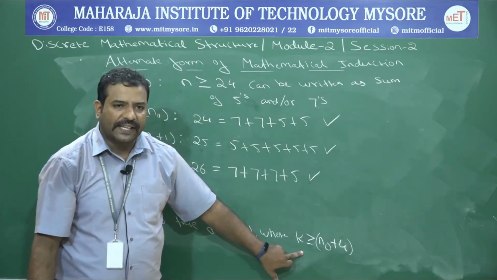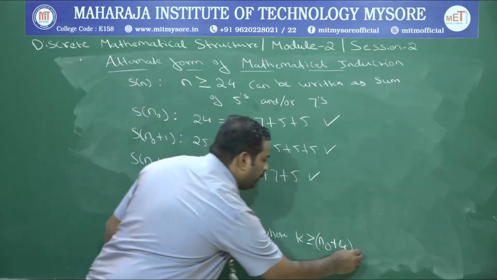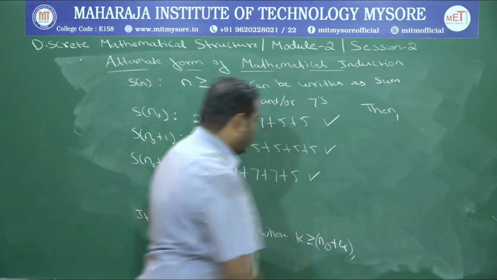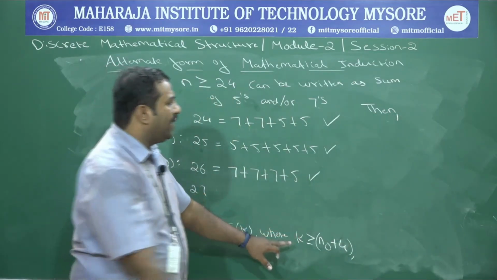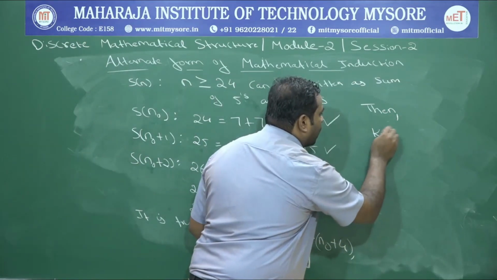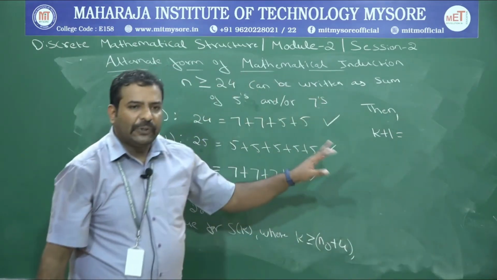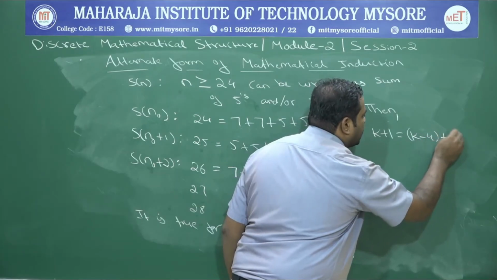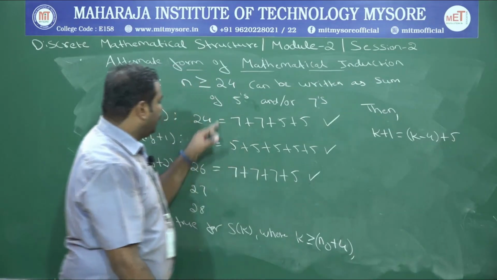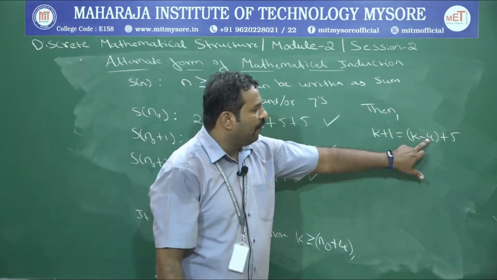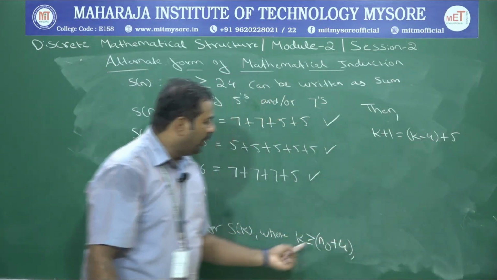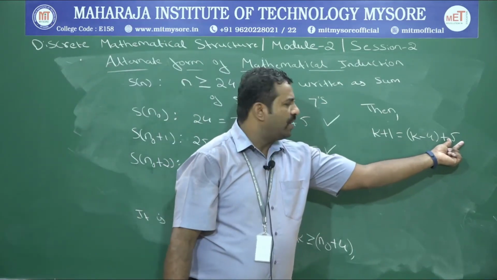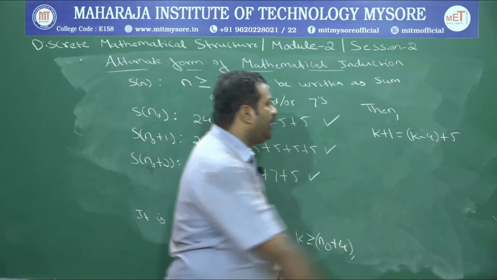So if it is true for this case, then the statement for k plus 1 is true by using k minus 4 plus 5. That is, I have already used the 4 numbers, hence I am separating out 4, and I am going to take the fifth element for k plus 1, and I say it is going to be true.